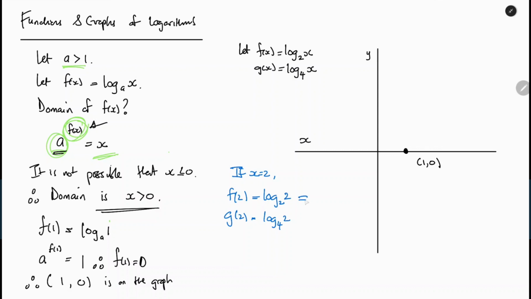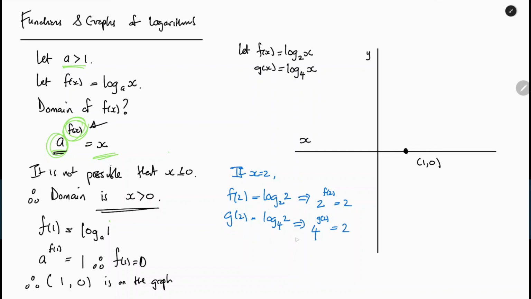Now this corresponds to 2 to the power of f of 2 is equal to 2, and 4 to the power of g of 2 is equal to 2.